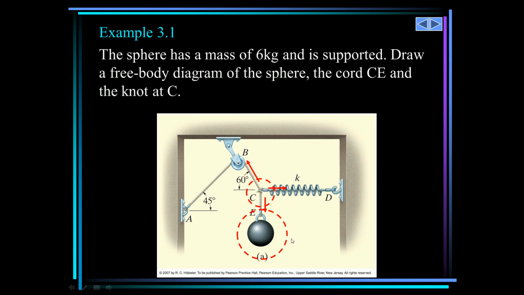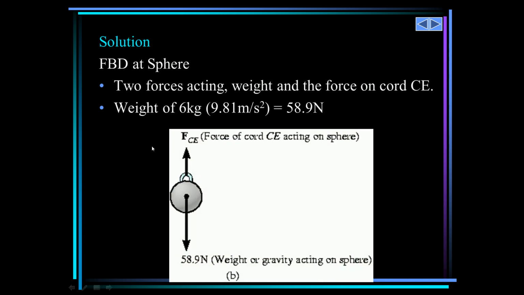So we can also isolate the sphere, the 60 kg mass sphere, and analyze its FBD first. The FBD for the sphere contains two forces acting. One is the body weight, mg, going down, and the other is the cable pulling up with F subscript CE, the force of the cord CE acting on the sphere.